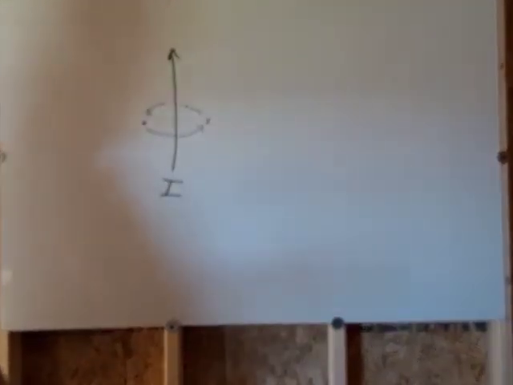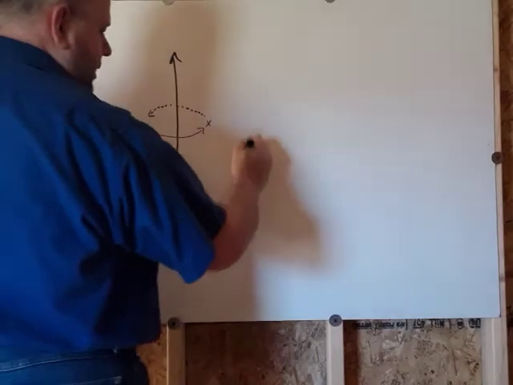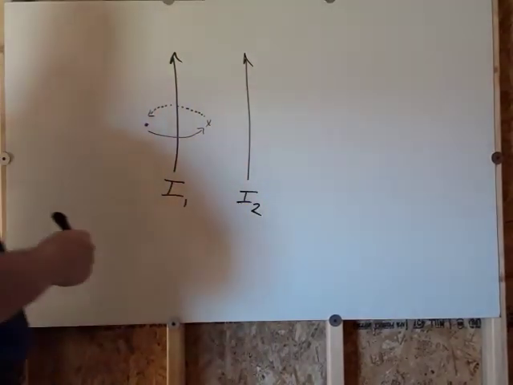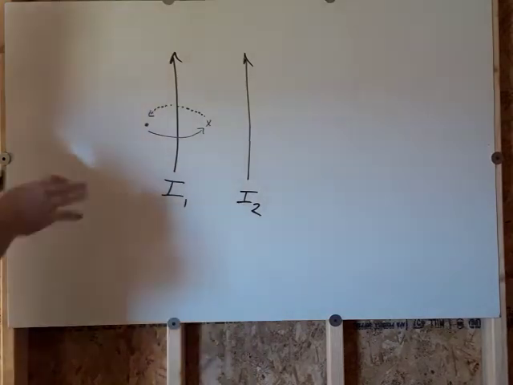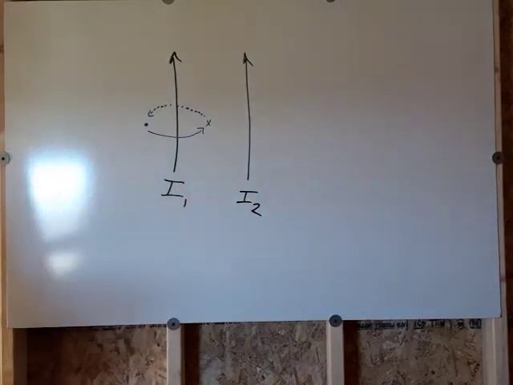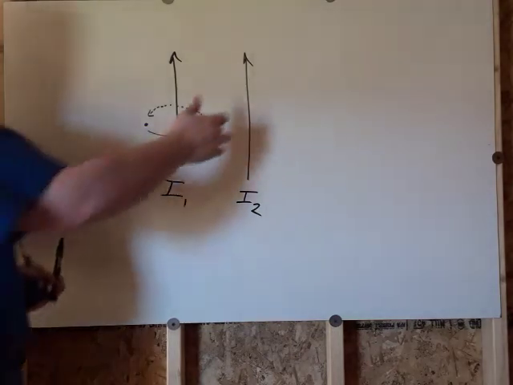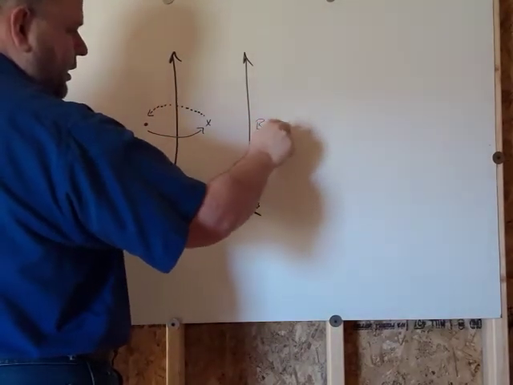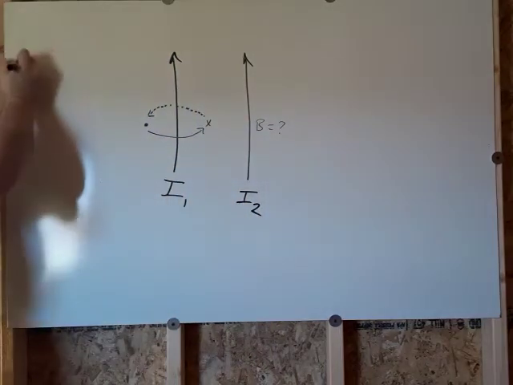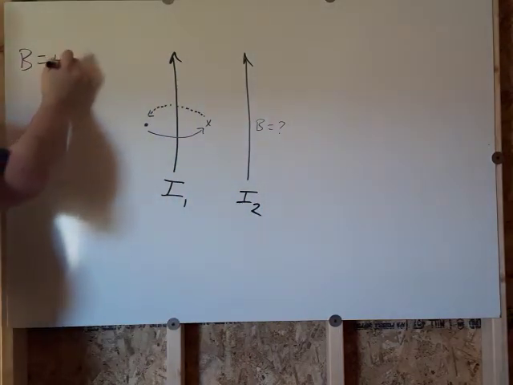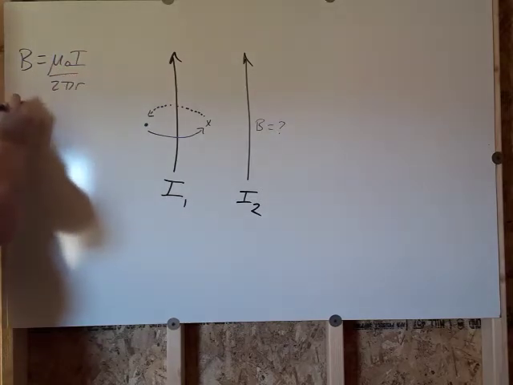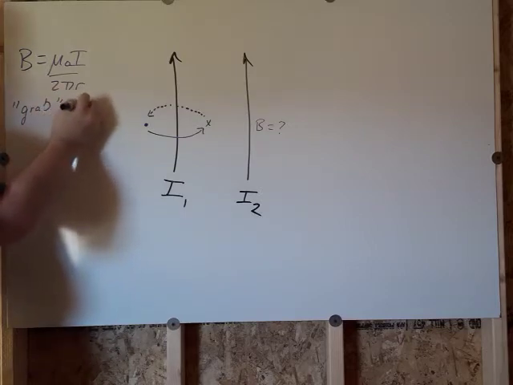So if we put another wire in, then the way we solve the problem is we want to know what the field is here. We do that with B is mu naught I over 2 pi r, and you use the grab right-hand rule.